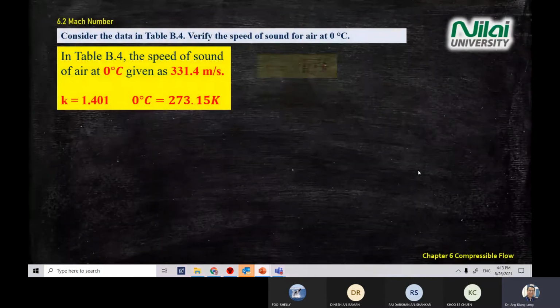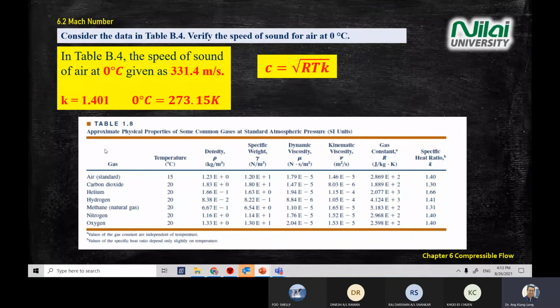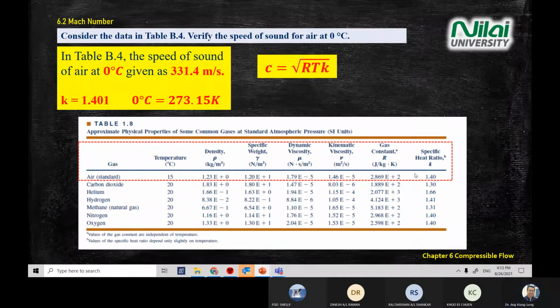Okay, table 1.8 is also very famous. Table 1.8, you look at the air, and then you use this R, you use this K, temperature you find just now, right? So you use the R in this table, K in this table, temperature used in Kelvin, because you see the R gas constant here, joule over kilogram dot Kelvin. So you need to change the T into Kelvin.